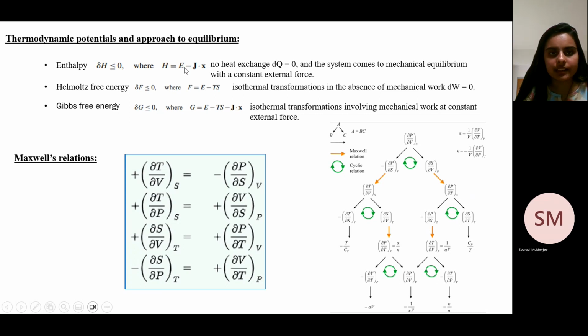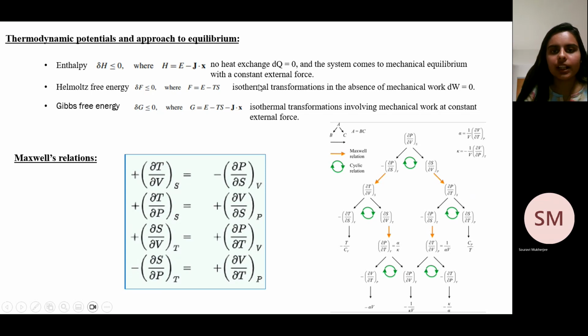Okay, the enthalpy is given as E minus J into X, where J is the generalized force and X is the generalized displacement. So for a hydrostatic system, J would be given as minus P, it's a sign convention, and X is the volume. So in that way, you can write for a hydrostatic system, H equal to E plus PV.